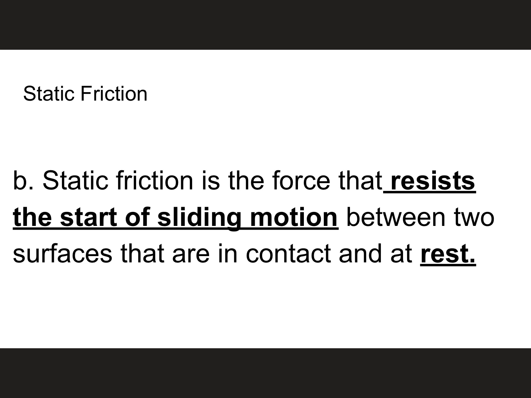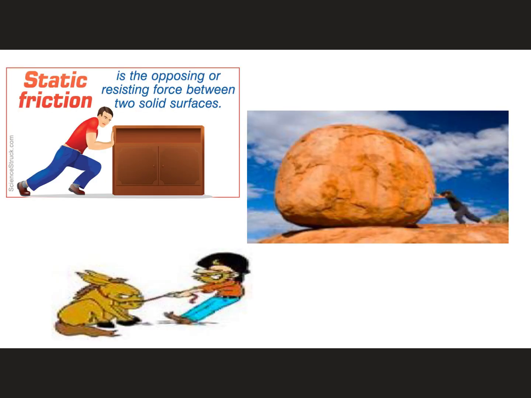They are not moving. So here's some great examples of static friction. Here this person is trying to move this bookcase but is unable to do so because of the static friction. The same goes for this man with his horse and this man trying to push over that giant boulder. So all of these are examples of static friction.